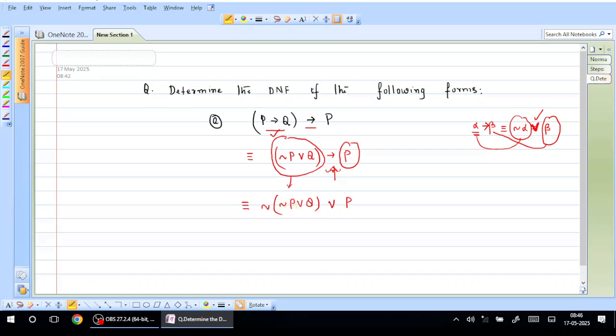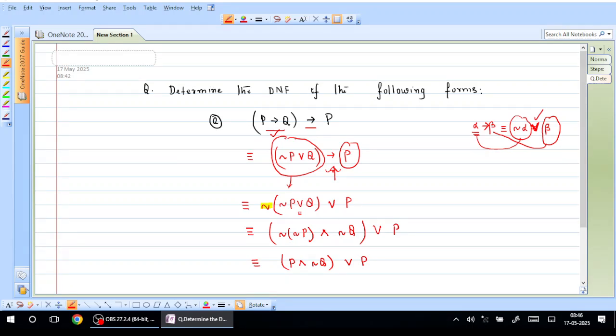Where I will put my effort is to handle this, and this is purely done by De Morgan's law. So I apply De Morgan's law: negation of P, join becomes meet, and negation of Q, and here is join P. I know negation of negation is itself, so it is P meet not Q, join P, right?